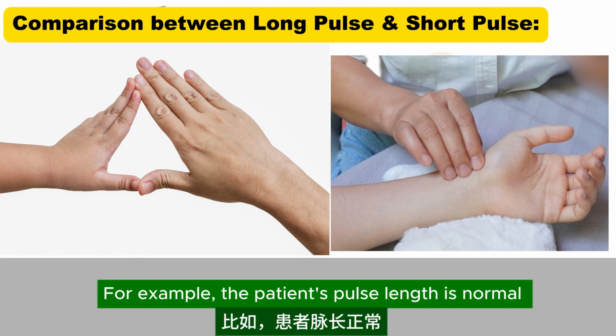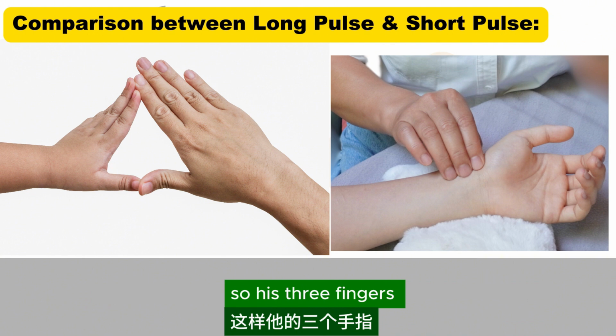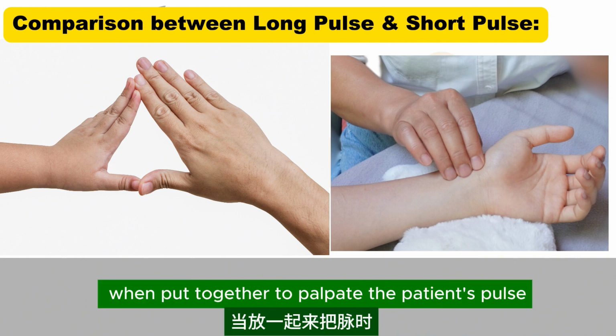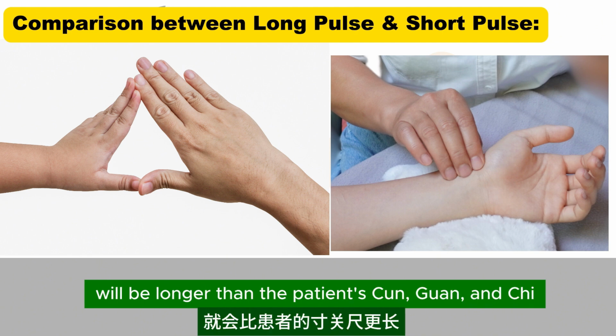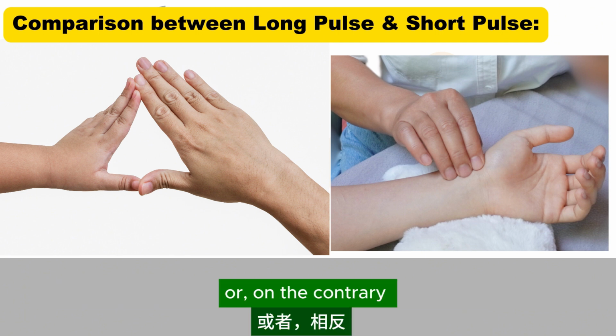For example, the patient's pulse length is normal, but the TCM practitioner is big and has thick fingers. So his 3 fingers, when put together to palpate the patient's pulse, will be longer than the patient's chun, guan, and chi, resulting in the wrong conclusion that the patient's pulse is short.